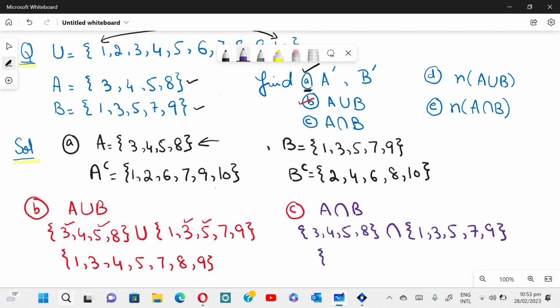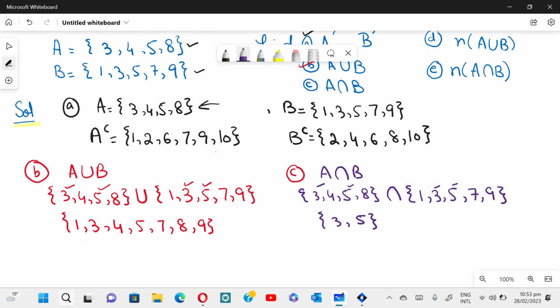So it's 3, which is in both sets, 5 is also in both sets, and there is no one else except 3 and 5. So these are my intersection. So union means you have to write all of the numbers in both of the sets, and intersection means you only have to write the numbers which are common in both of the sets.